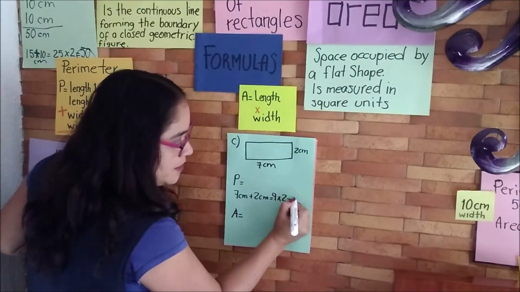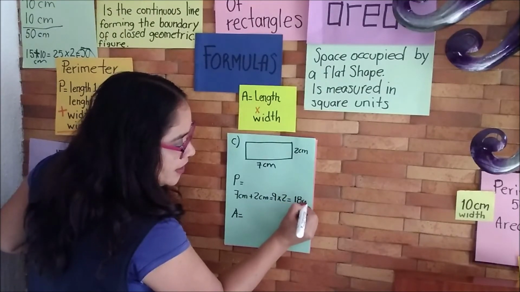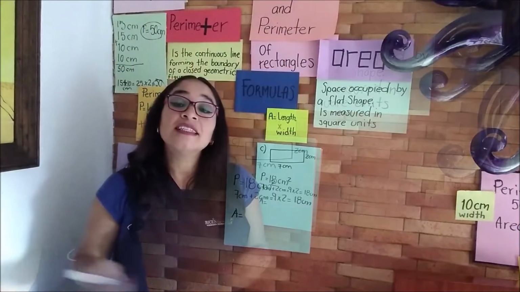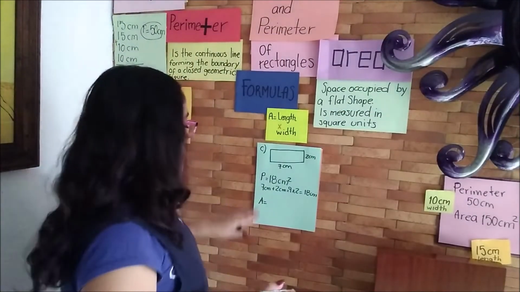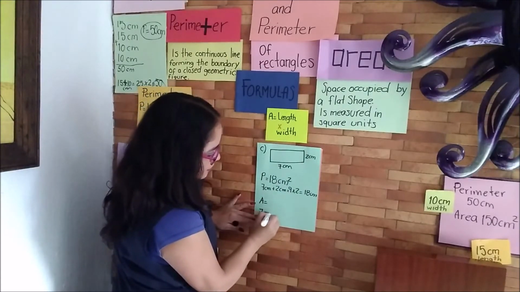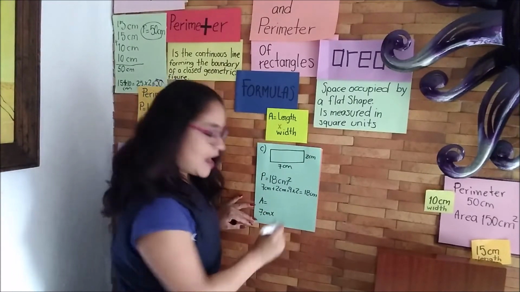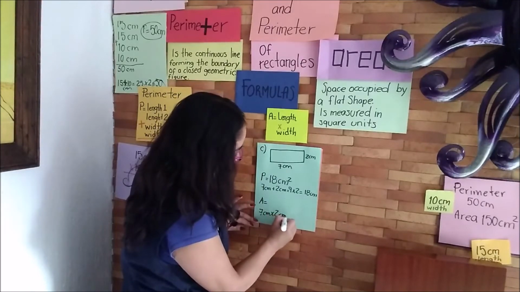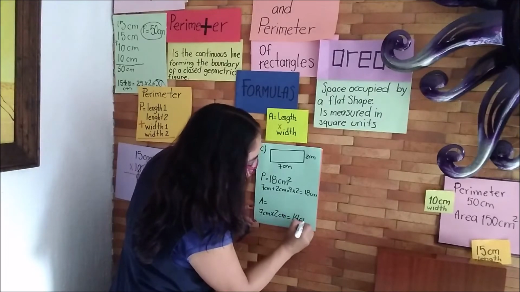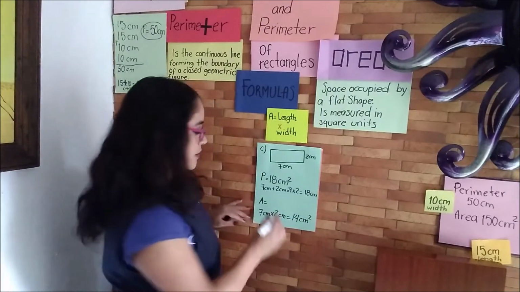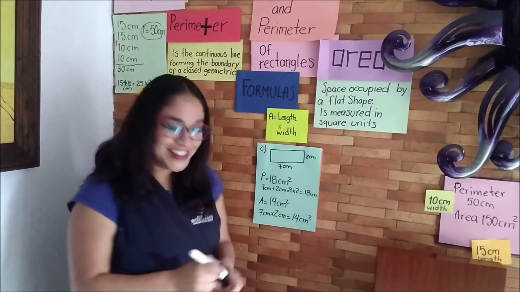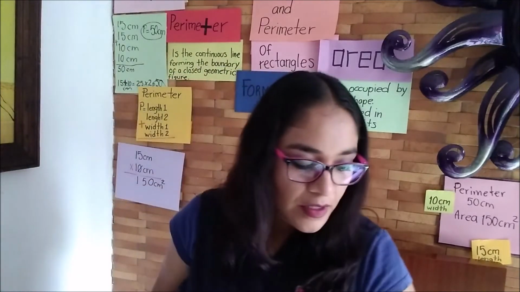So it's going to be 18 centimeters. My answer is 18. Now let's calculate the area. So we have to make a multiplication, 7 centimeters multiplied by 2 centimeters. And we have 7 times 2, 14 centimeters squared. So my area is 14 centimeters squared.